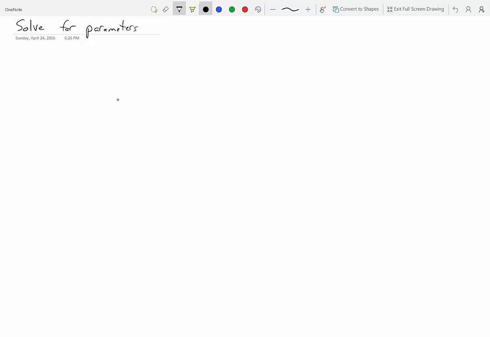So what parameters do we want to solve for? Our parameters, at least in the neural network I drew before, were W1 and W2. These were unknown. So how am I going to solve for these? I'm going to do something called gradient descent.